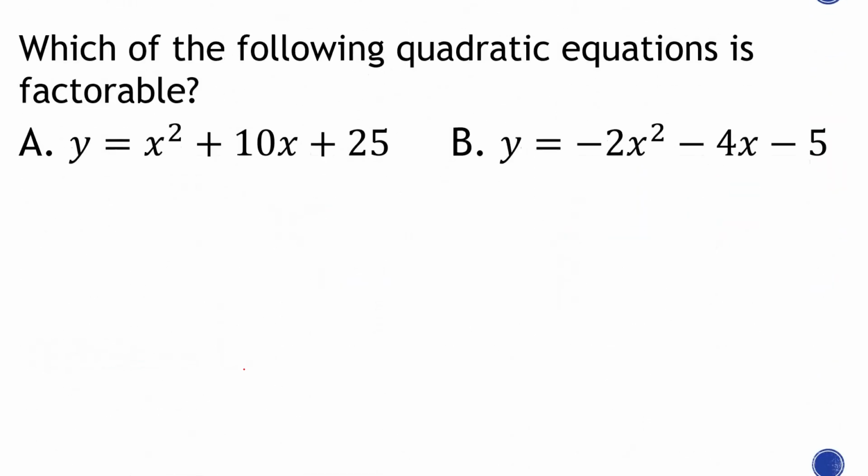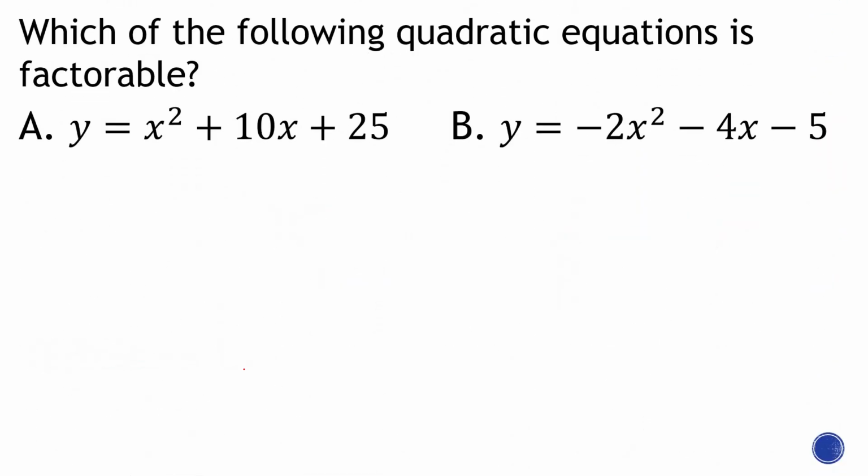Let me give you two examples. Which between these two is factorable? We will use the discriminant formula. For the first one, our a is 1, our b is 10, and our c is 25.